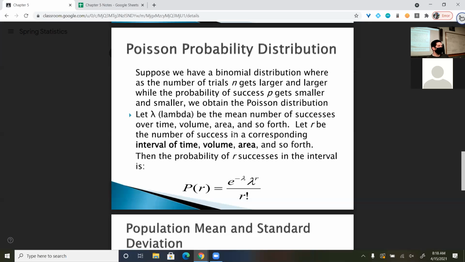So if you expect to catch 1 fish every hour, what's the probability of catching 10 fish over 6 hours? Well, you'd have to change your lambda because we're no longer expecting 1 fish per hour. We'd be expecting 6 fish per 6 hours. So we'd have to change the lambda based off of what the problem is.